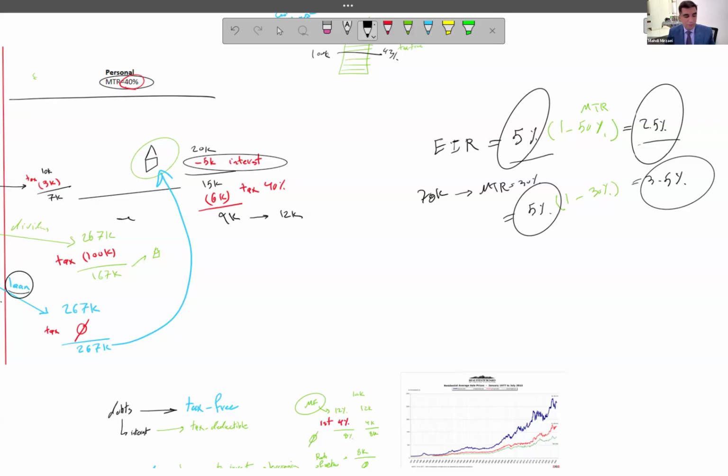People say that in Canada you're cursed to pay a lot of taxes, but they don't know the system. If they know the system, they know how they can save on their taxes and pay much less. So tax planning is an industry that is never going to go down. It's always going to rise.